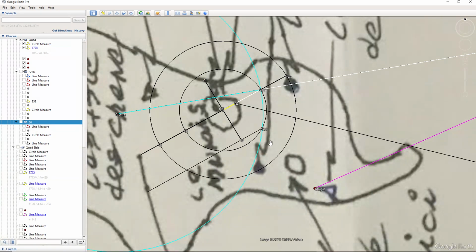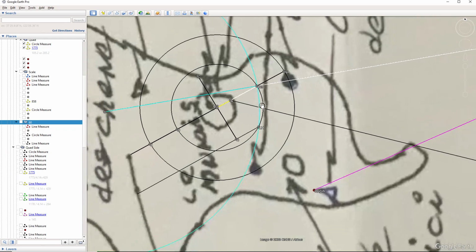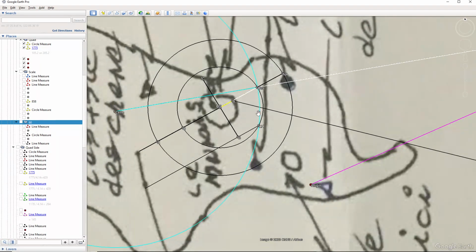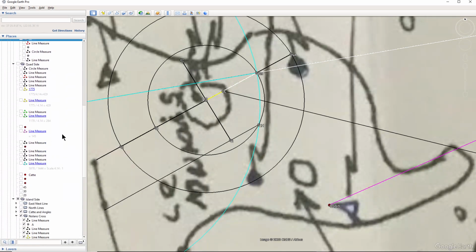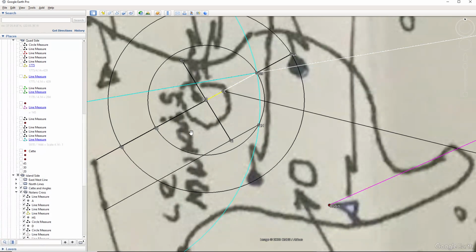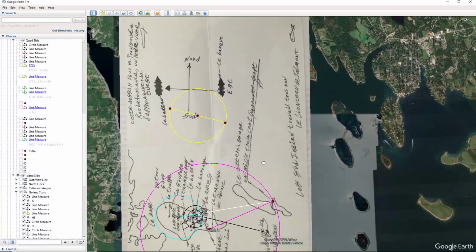Lahomp is found by the intersection of 1,444 feet from the set point that intersects this circle here, the 429 circle, but also the east-west line. And the east-west line is found by the fish again.